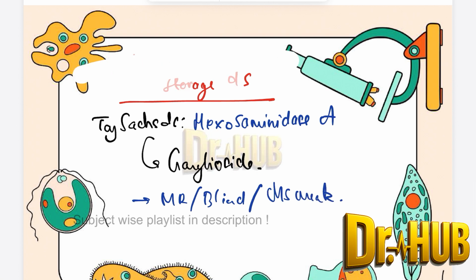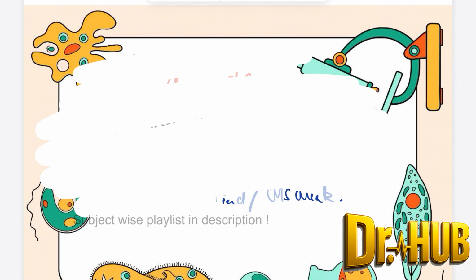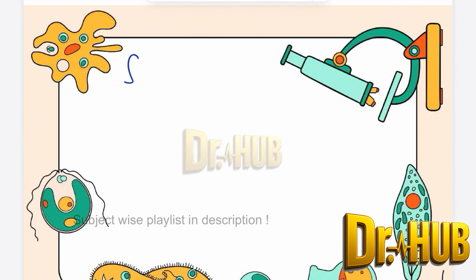Next, we move on to Sandhoff's disease. Sandhoff's disease is due to the deficiency of hexosaminidase A and B. The lipid accumulating here includes the globoside and the ganglioside.